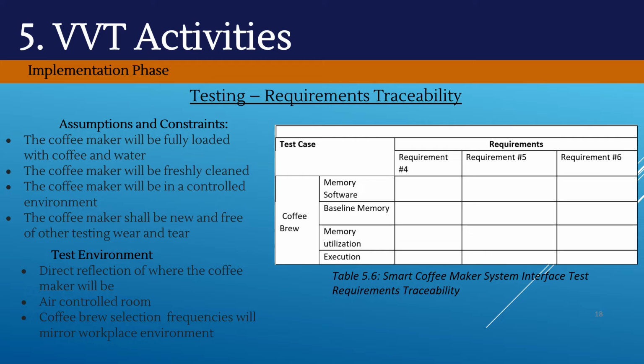Another important test is the requirements traceability. In this section we provided, it's very important because it shows if the test case matches with the specific requirements, such as the ability to brew coffee section is the highest of importance in this test case.